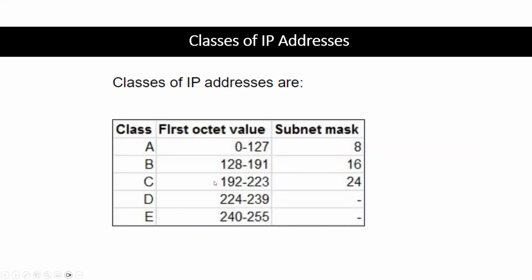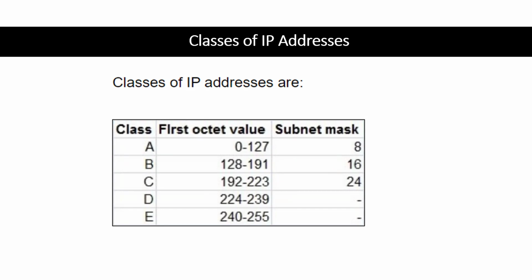So let's talk about classes of IP addresses. We have 5 classes: class A, class B, class C, class D, and class E. Looking at this table, to be considered a class A IP address, the first octet value is going to be between 0 and 127, and it's going to have a subnet mask of 8.